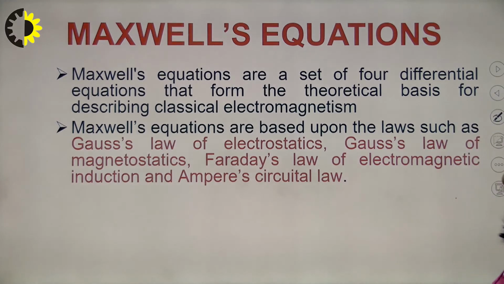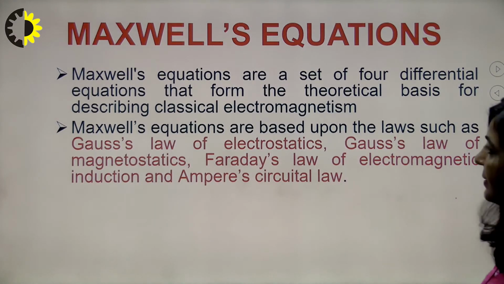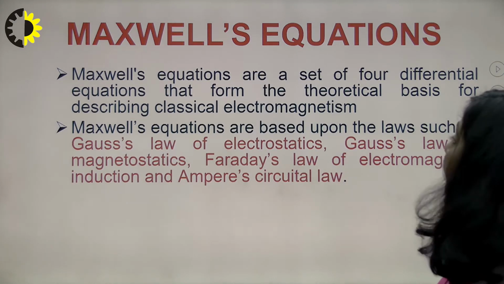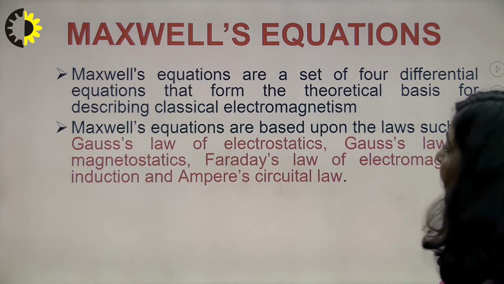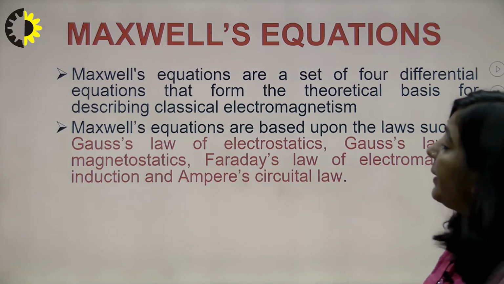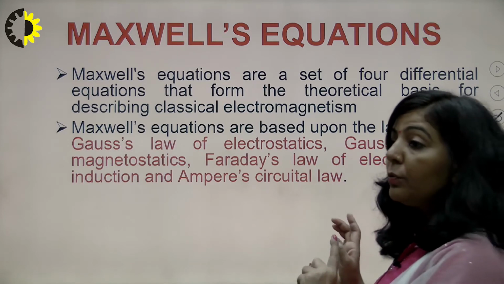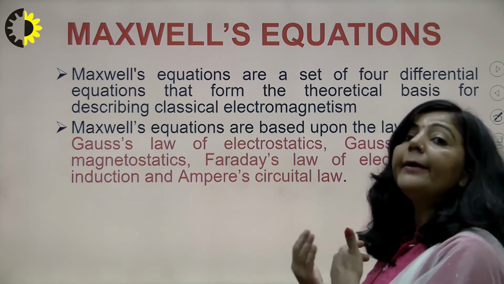Maxwell equations are based upon the laws such as Gauss law of electrostatics, as I mentioned, Gauss law of magnetostatics, Faraday's law of electromagnetic induction, and Ampere's law. So we are going to use the modified Ampere's law here.